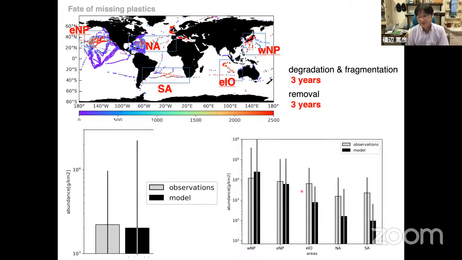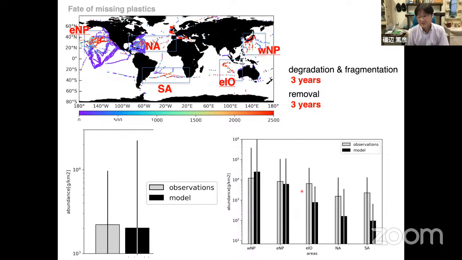So we compare the microplastic observation in 5 areas: the East North Pacific, North Atlantic, South Atlantic, East Indian Ocean, and Western North Pacific. As you can see in the lower right panel, the microplastic abundance in the Atlantic Ocean is underestimated.